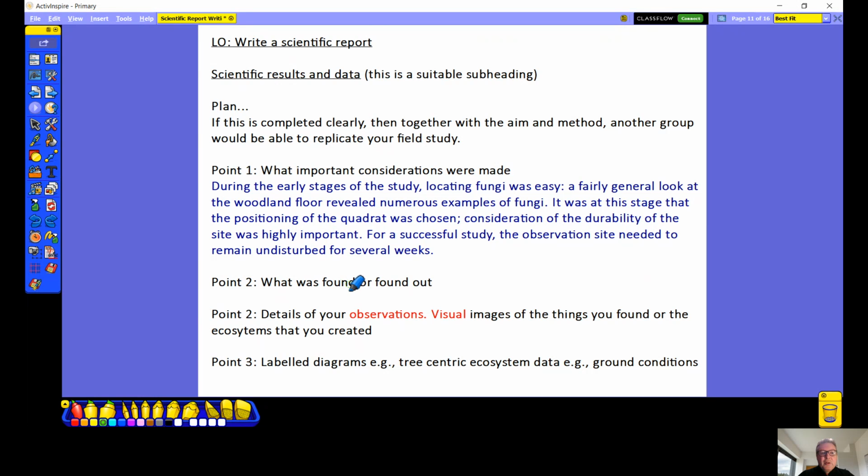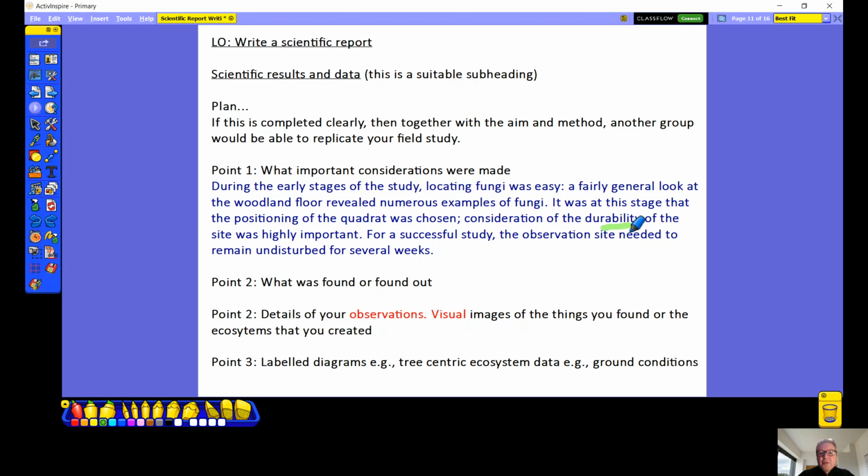A fairly general look at the woodland floor revealed numerous examples of fungi. It was at this stage that the positioning of the quadrat was chosen. Consideration of the durability of the site was highly important. For a successful study, the observation site needed to remain undisturbed for several weeks.